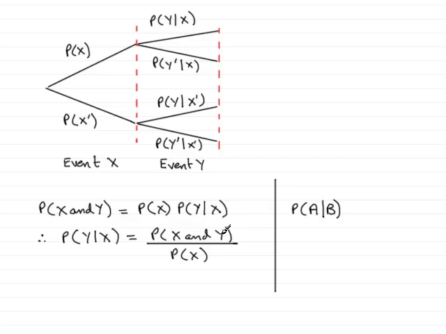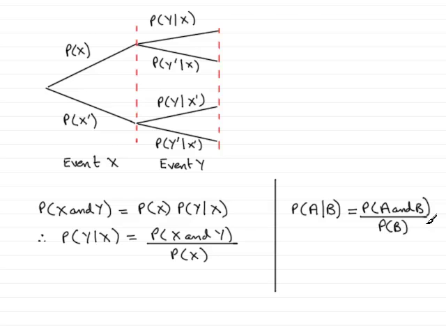It doesn't really matter what order you do this. So I can say that this is the probability that these two events occur, so I'm going to write the probability of A and B. And then it's divided by the probability of the given event. As you can see, the second letter here, X, was in the denominator. So in this particular case, it will be divided by the probability of the given event, which is B.